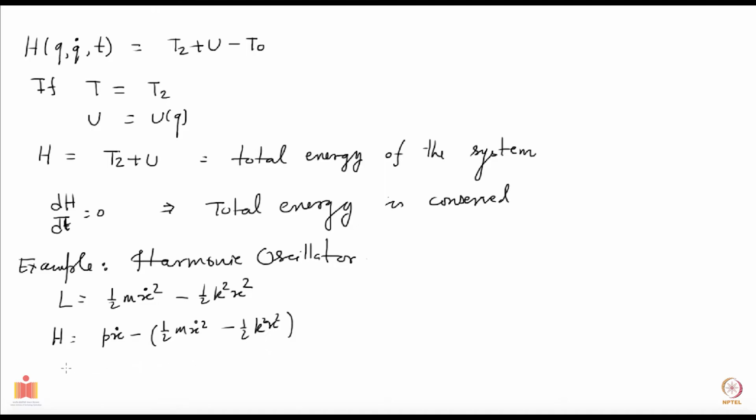And you also recall that your del L over del x dot is what is p, which if you take the derivative, you get m x dot, which you can solve to write x dot to be p over m.